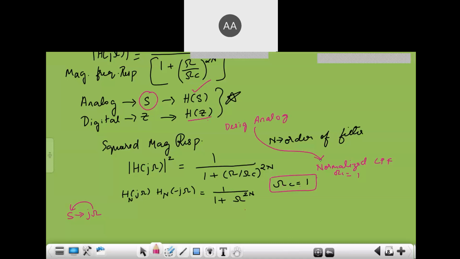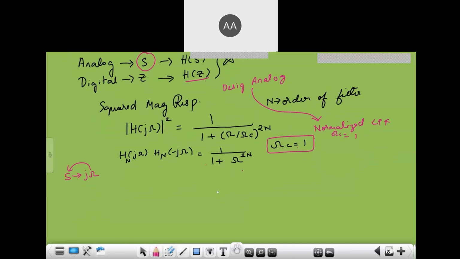First thing you're going to do is design an analog low pass filter with cutoff frequency 1. That's it. So even to do that, you have to obtain the denominator polynomial. To obtain the denominator terms, we are trying to solve the denominator term in a general way. Got it? That is what we are doing now.